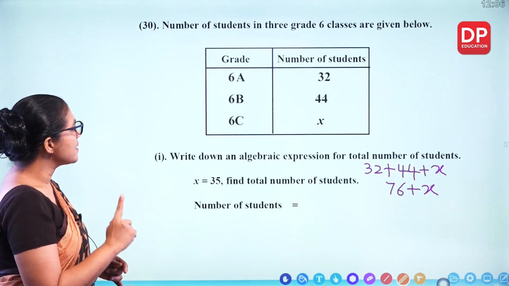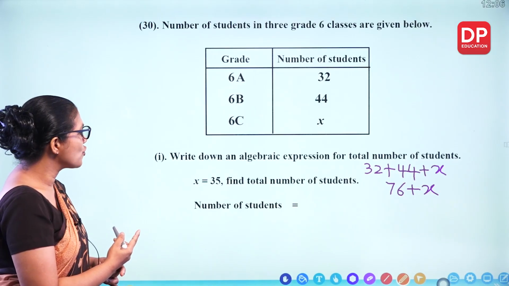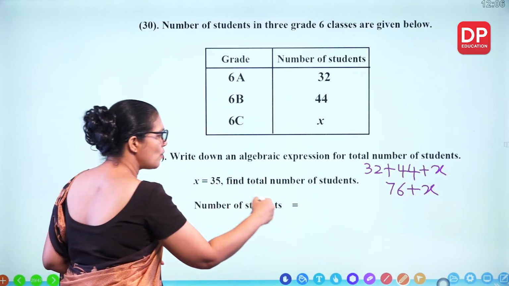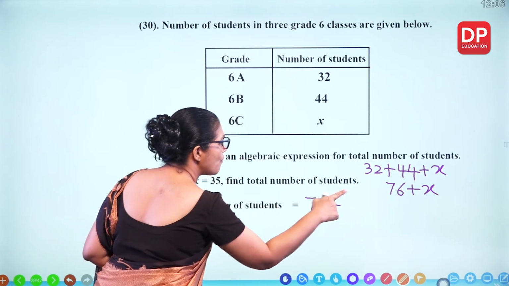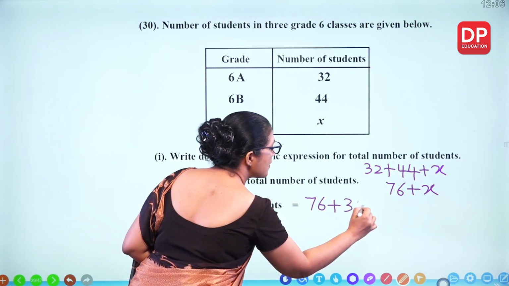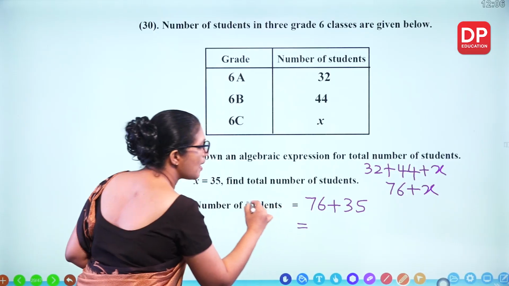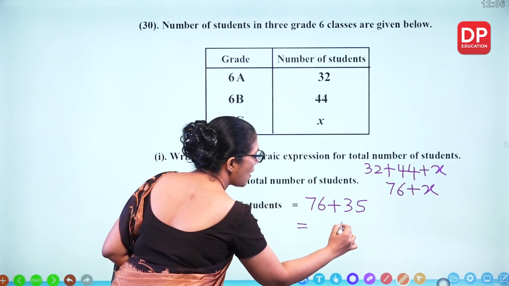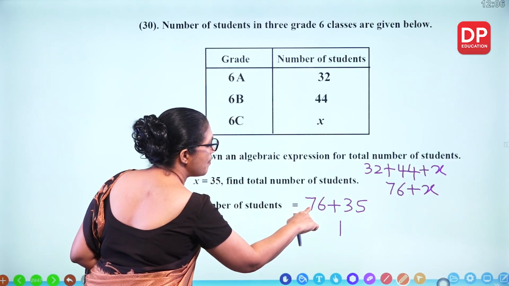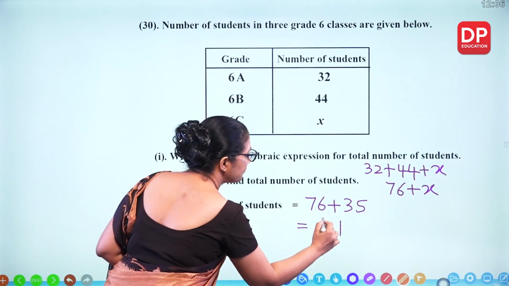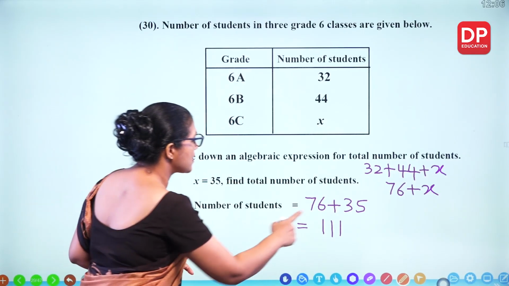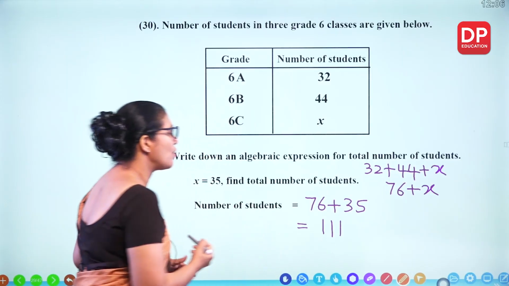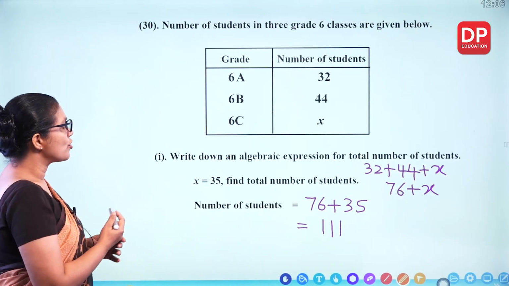If X equals 35, find the total number of students. Now substitute 35 instead of X in 76 plus X. 6 plus 5 is 11, and 1 remaining, 8 plus 3, 111 students altogether.